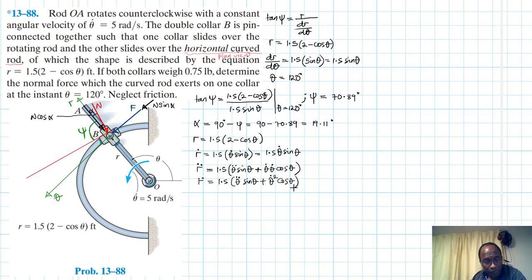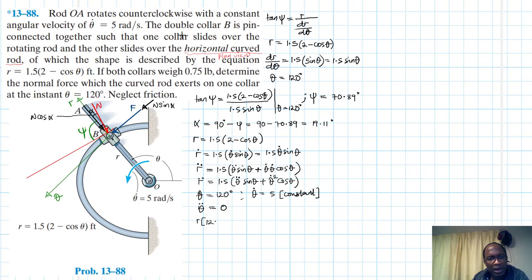Okay, great. And then we do have theta itself, which we know is 120 degrees. And then we have theta dot, which is equal to 5, and it is constant. And because it is constant, we expect theta double dot to be equal to 0. Right, so let's find these values at 120.